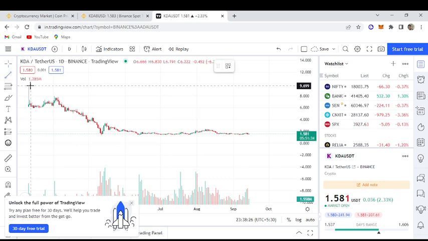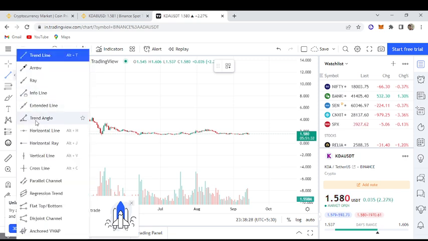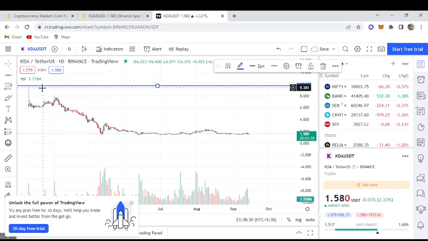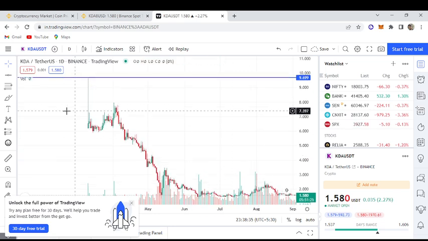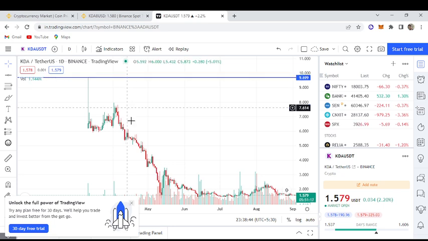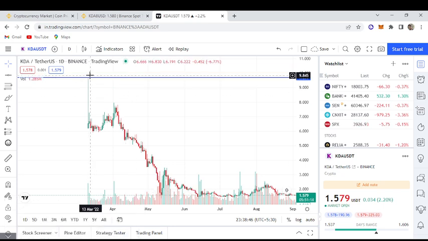It never touched that highest high again. Sometimes it happens that maybe it was because of so much hype, or the good news that it would be listed on Binance. That's why it pumped that much, but it never reached there again.